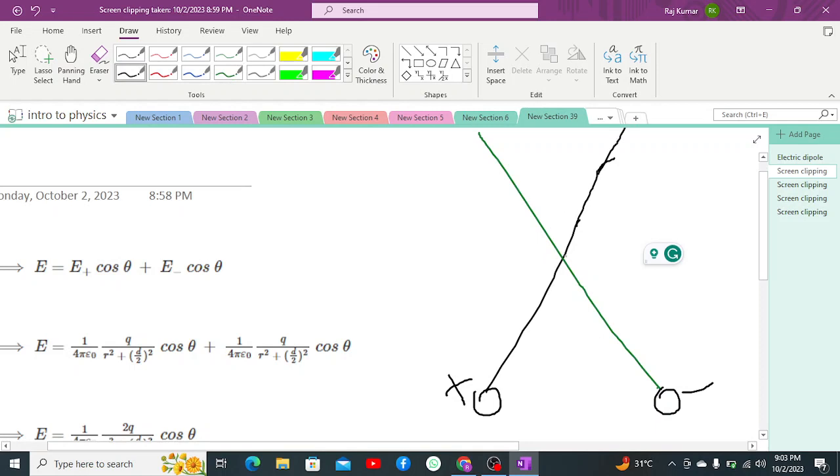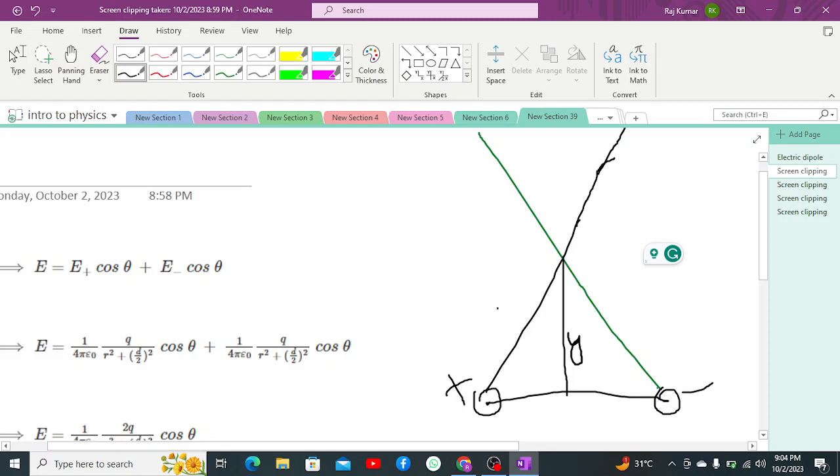Now basically the axis which joins their centers is this, while the distance which is half of the dipole can be written as y, while this is the point charge positive q and negative q, both having the same magnitude.